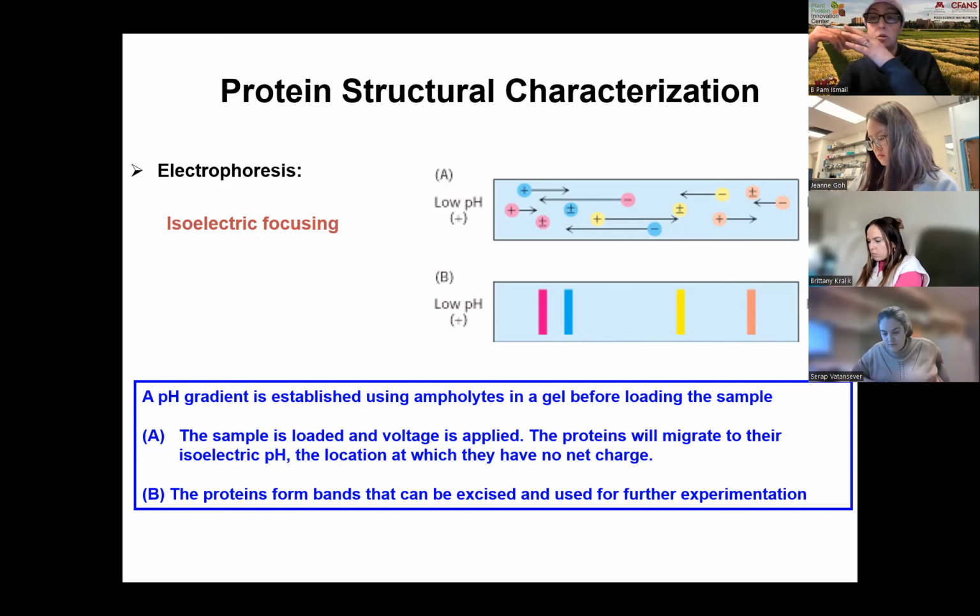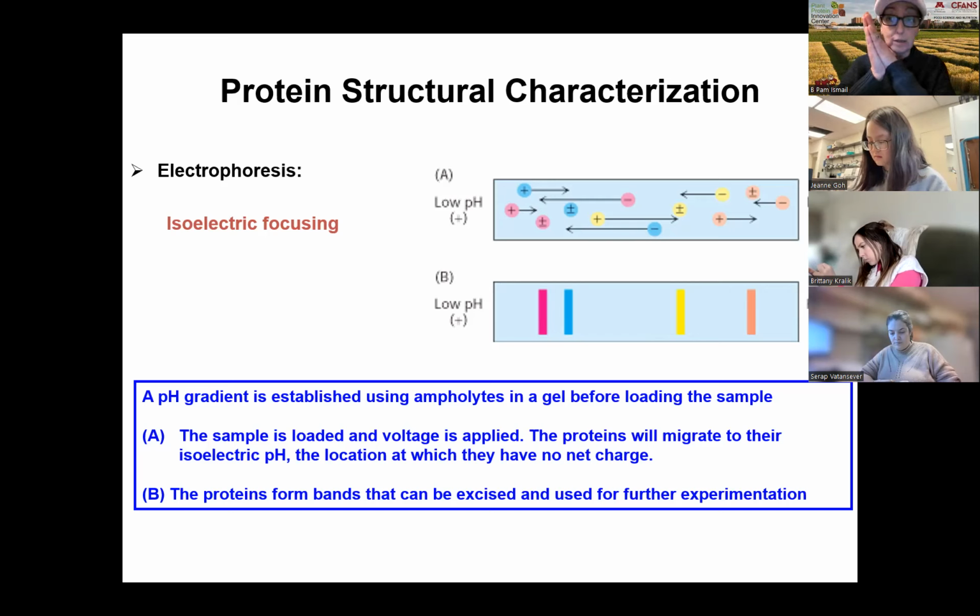Then you would load your sample on that strip and run voltage again. So your proteins now will migrate and will stop at their isoelectric point. Wherever there is the ampholyte that is equivalent to the isoelectric point, the protein will stop migrating and will stop there.